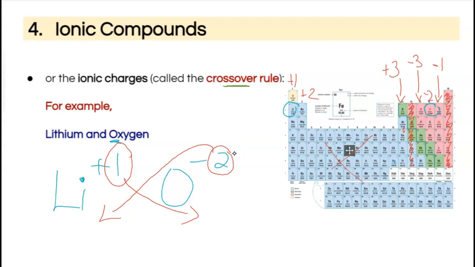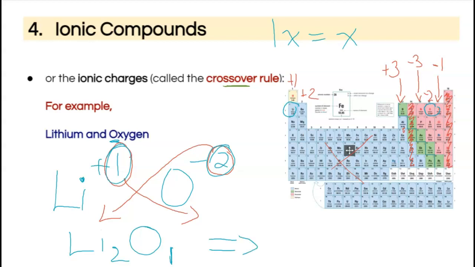Lithium gets this 2 brought down, and oxygen gets this 1 brought down. Similar to math, where 1x is really just x, if it's a 1, we understand it when we don't write anything. So in science, we would just write this as Li2O, and that's our formula.